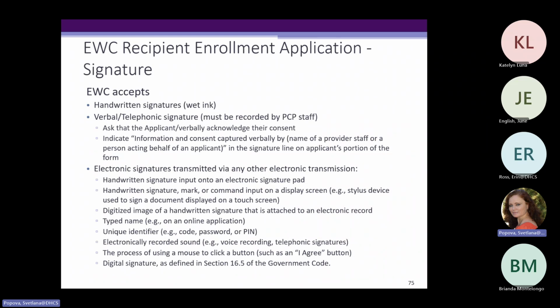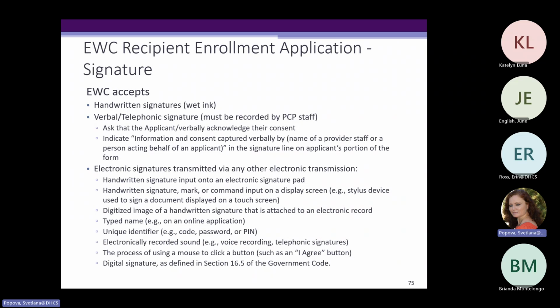A digitalized image of the handwritten signature that is attached to the electronic record. It may be a typed name, it can be a unique identifier such as a password or code, or electronic recorded sound such as a voice recording. It can be just a click of a mouse that says I agree, or any other digital signature as defined in section 16.5.